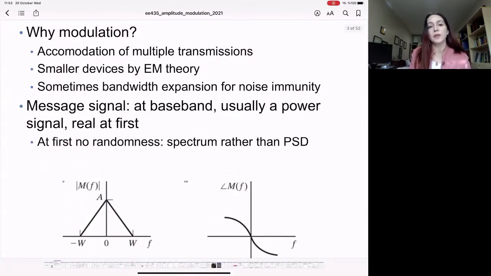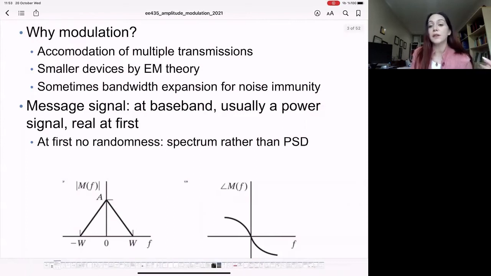Another reason that we modulate up to higher frequencies is that the higher the frequency, the smaller the devices you need, such as antennas and other components. You know this from electromagnetics theory. Because the higher the frequency, the lower the wavelength. The lower the wavelength, the smaller the antenna, etc. Okay.